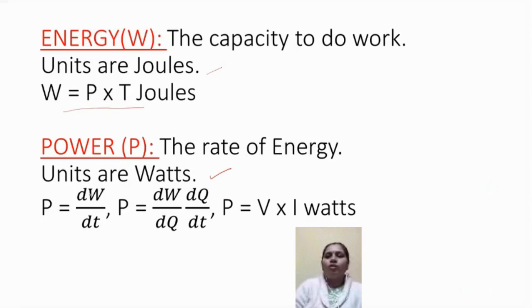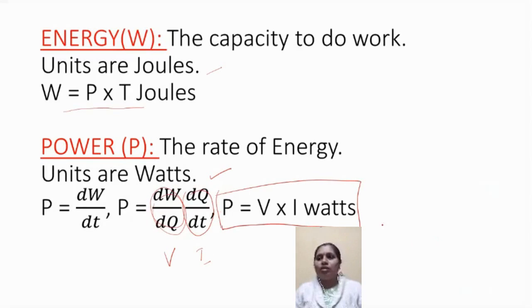So P is equal to the rate, that means d by dt of W. This can be split like this: dW by dQ into dQ by dt. We have already seen in a previous slide that dW by dQ is V, and dQ by dt is I. So the power is always represented with the equation P equals VI, and the units are watts.